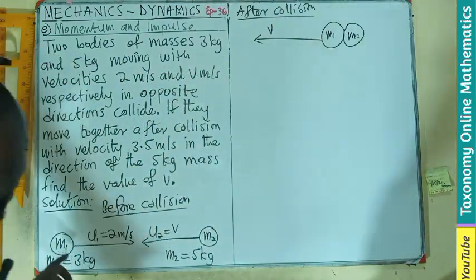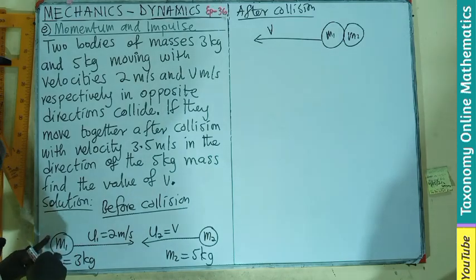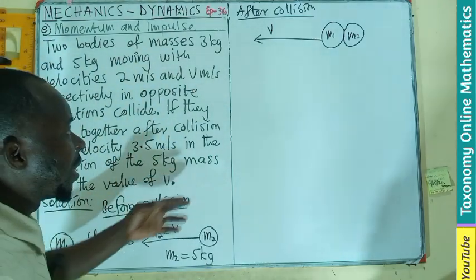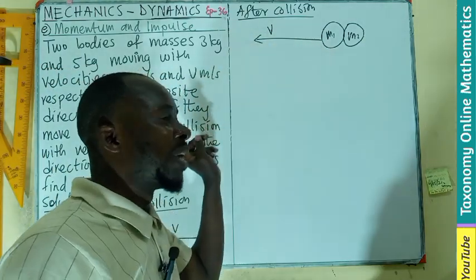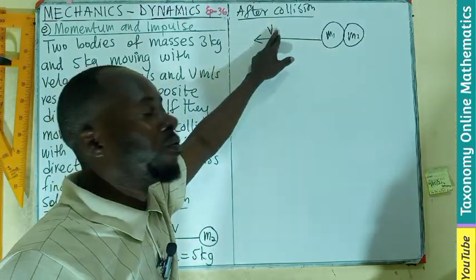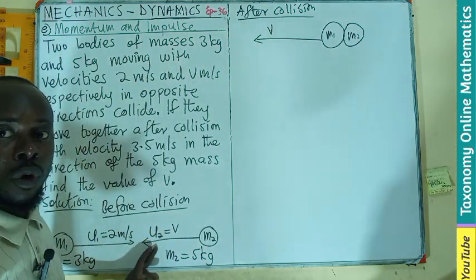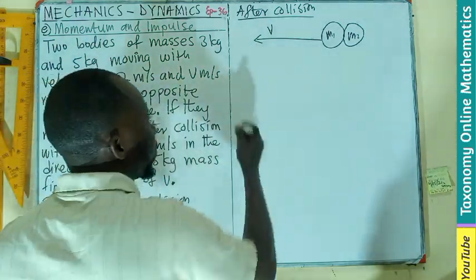Now, in this case, if we take this as our positive sense, this is the direction we want the bodies to go. If the body is going in the opposite direction, then your V is going to be negative. Then your U2 will also be negative.